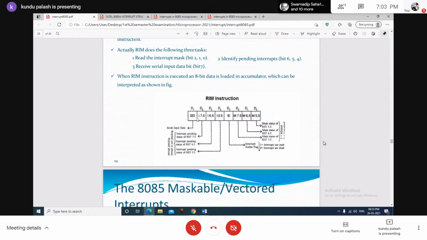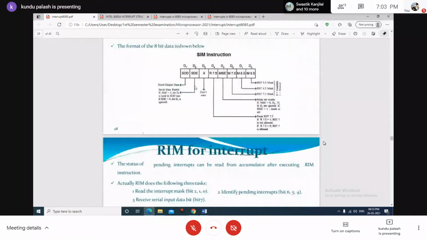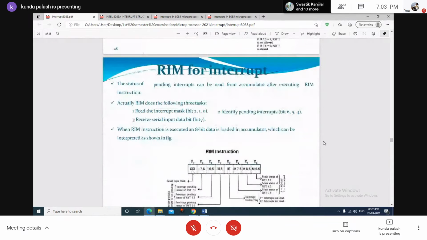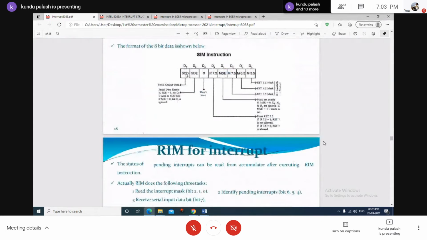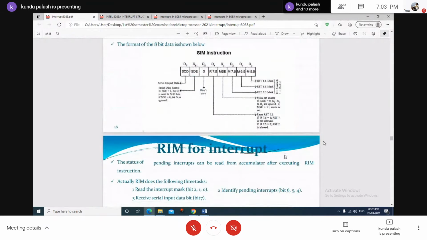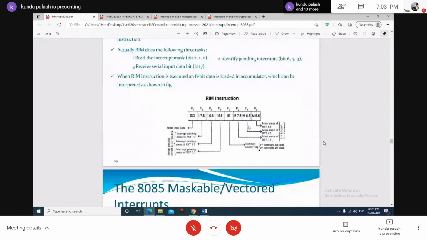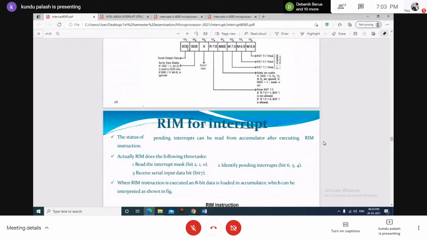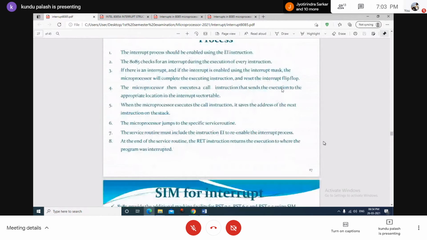Basically, there are two lines, SOD and SID, serial output data and serial input data. These are different operations. For the time being, do not confuse the SID and SOD operations, in which data transfer takes place serially over two physical pins of the 8085.